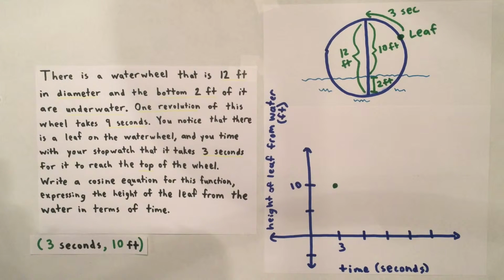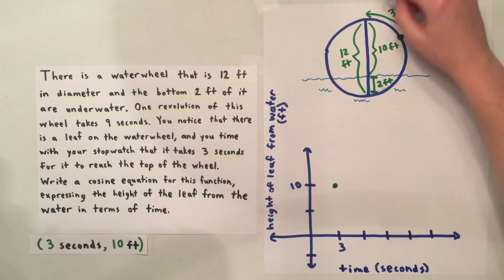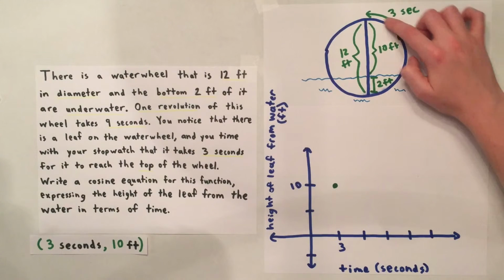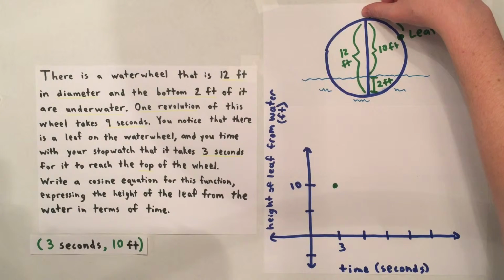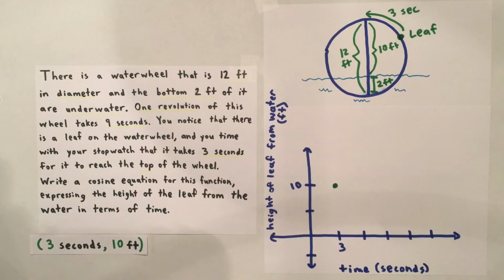If we look back at the problem, we see that it takes 9 seconds for the wheel to make one complete revolution. So, if we are at 3 seconds, 10 feet, and we make a revolution around the water wheel, we will have added 9 seconds to our total time, bringing us to 12 seconds. And since one revolution around the wheel is how far we went, we will be back at the same height of 10 feet. So, another point on our graph is 12 seconds, 10 feet.